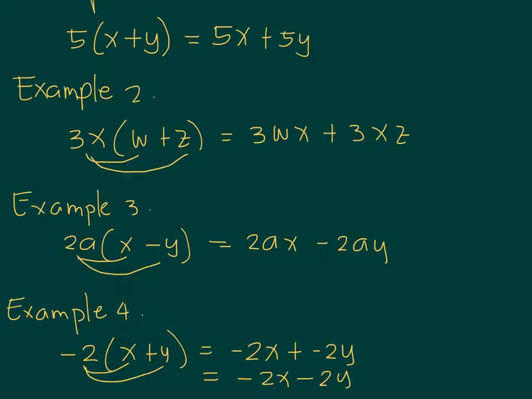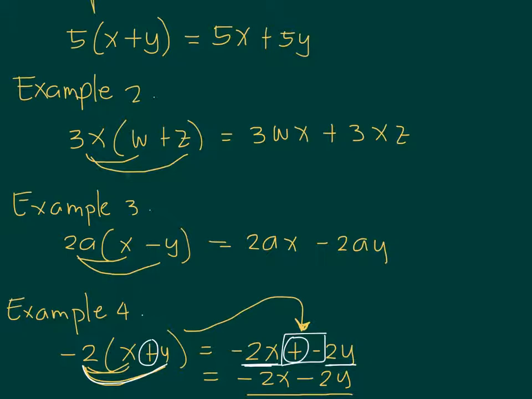Notice, in distributing the negative 2, you can actually use the minus sign directly, as you can see in the answer. But for a step-by-step solution, you have negative 2 to x, and then negative 2 to the y, so you have plus negative 2 times y is negative 2y. Then after that, simplify plus a negative, which means a minus sign, so it became negative 2x minus 2y.